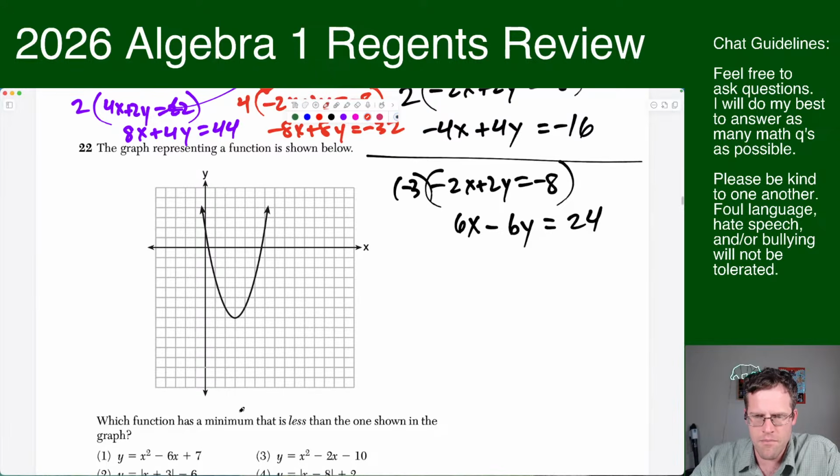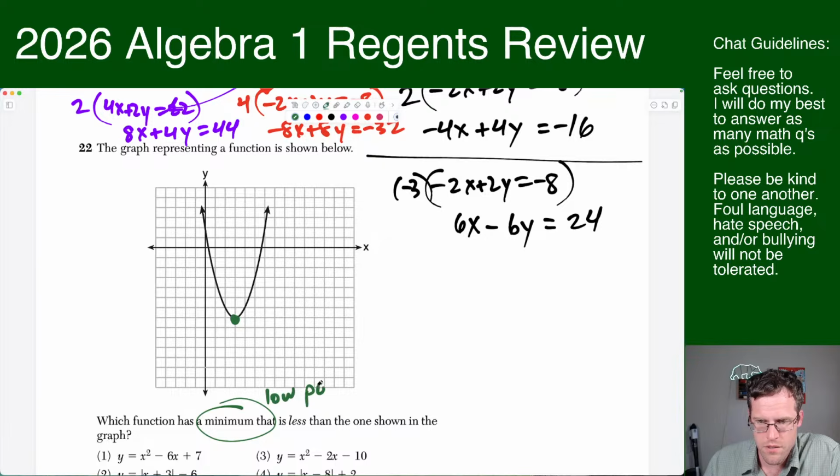Which function has a minimum that is less than the one shown in the graph? So calculator all the way. So minimum value. So the minimum is over here. The minimum means like the low point. Okay, so the minimum is here.